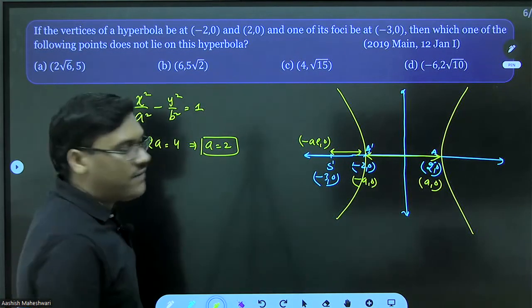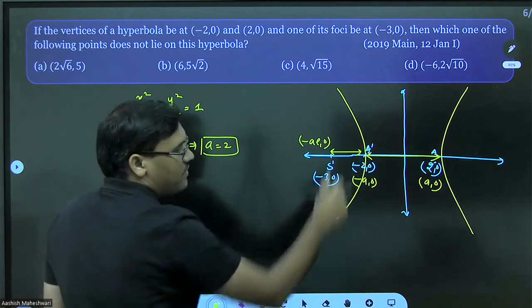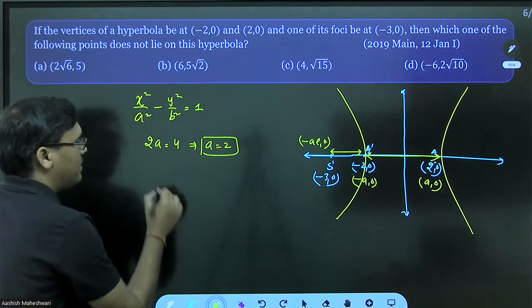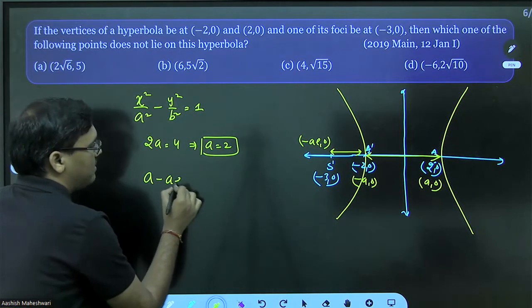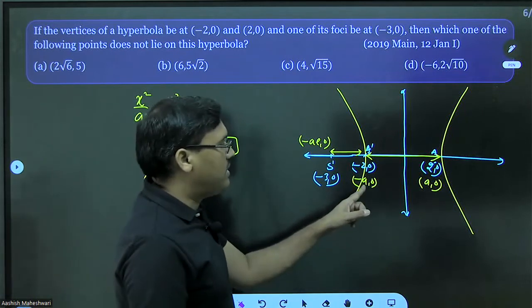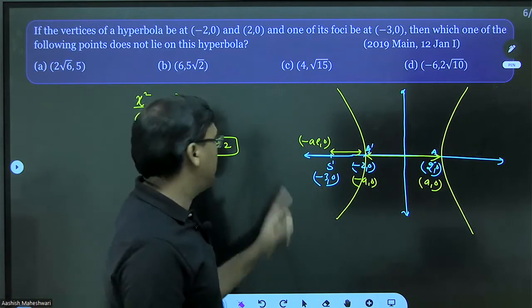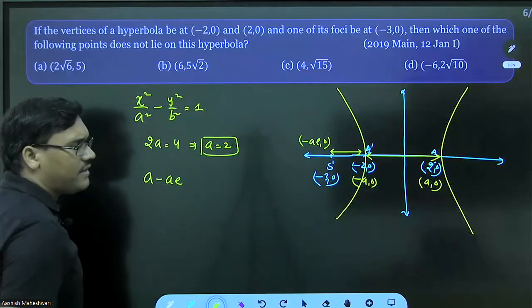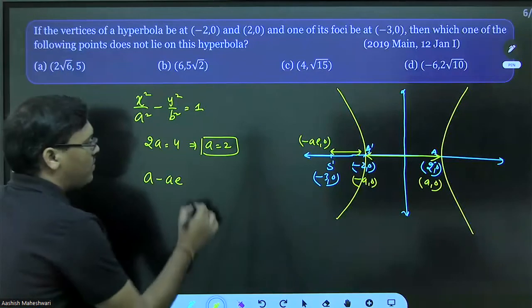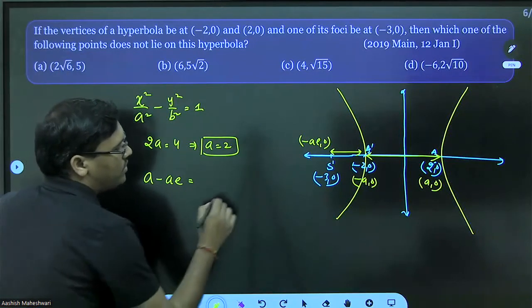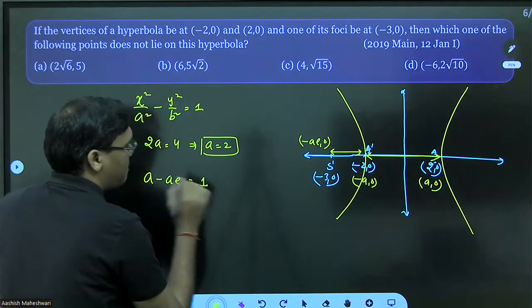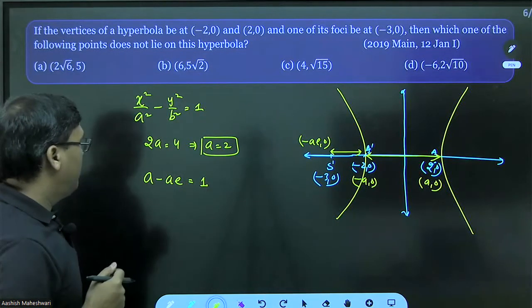So can we say the distance between these two will be a minus ae. I'm just subtracting these two, minus a minus ae. This is equal to 1. Check this.